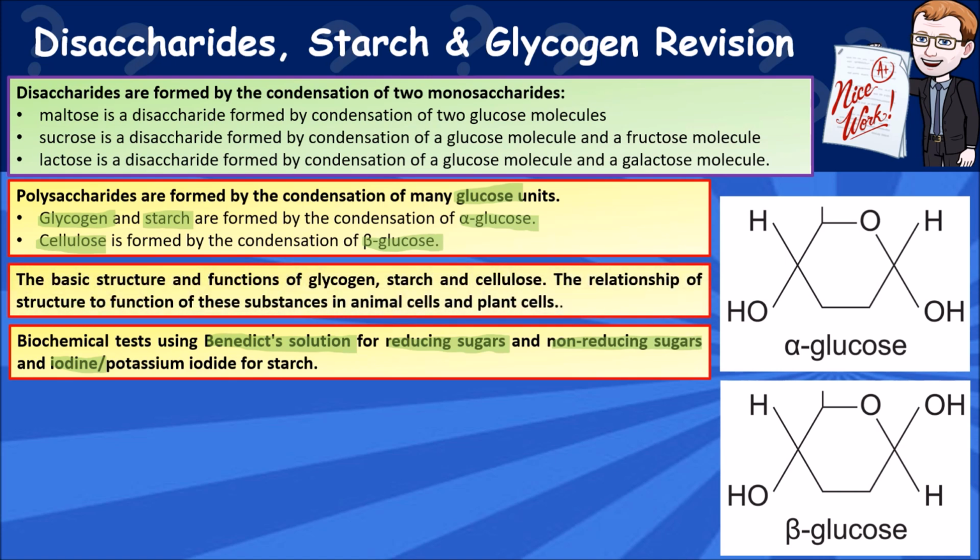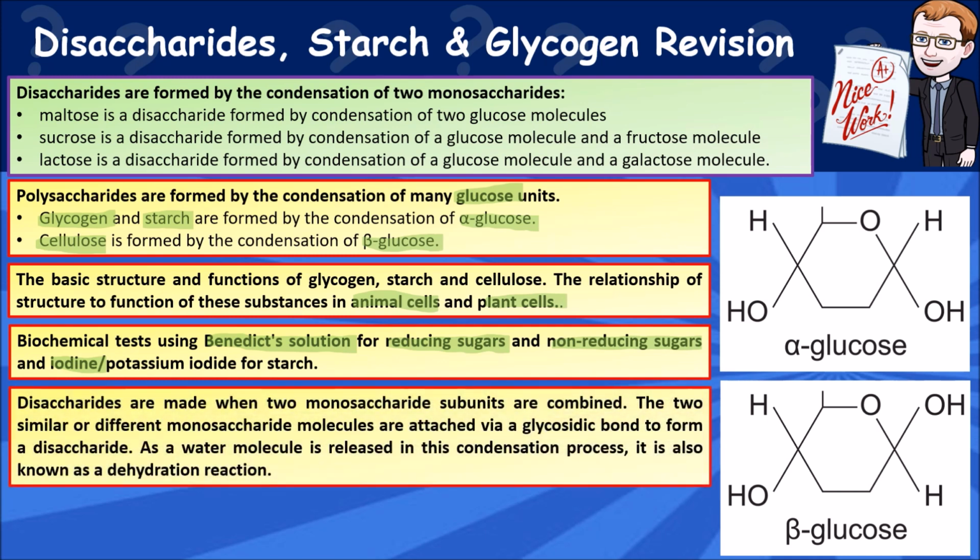So the basic structure and functions of glycogen, starch and cellulose are quite different. Their relationship very much is dependent on their structure and the job that they do within animal cells and plant cells. So disaccharides are made, like we've said, when monosaccharide subunits are combined. The different or similar monosaccharide molecules are attached via a glycosidic bond, and that glycosidic bond forms a disaccharide to begin with.